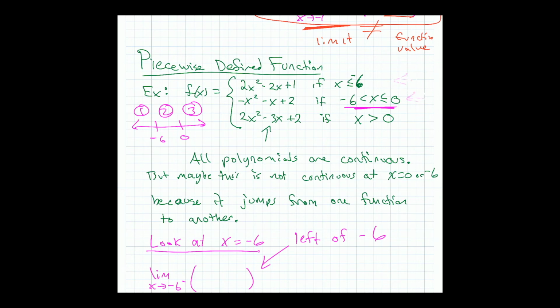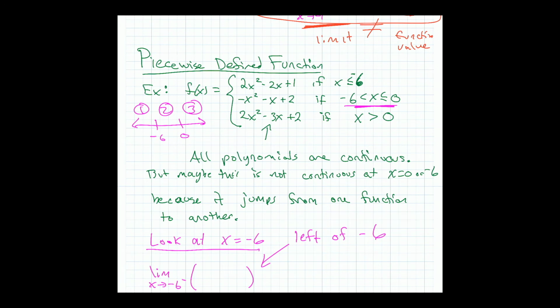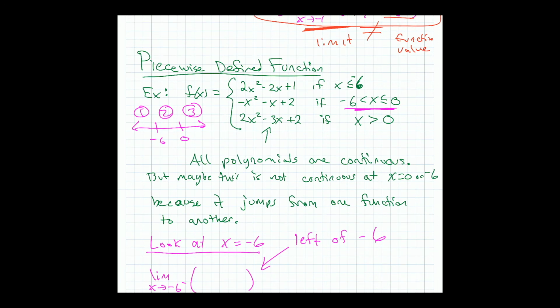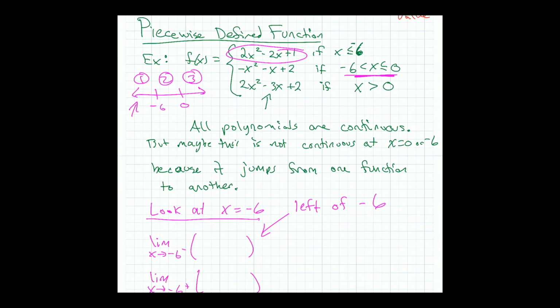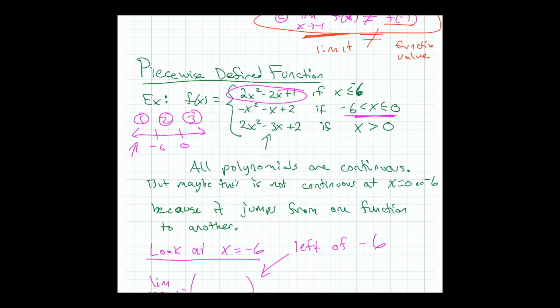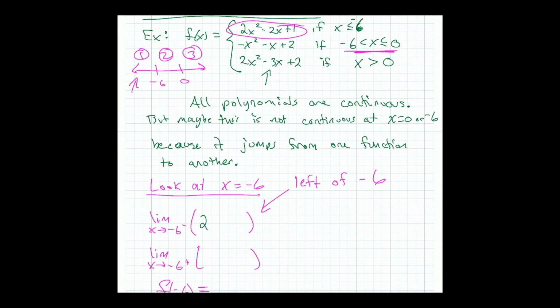So if you're to the left of negative 6, which piece are you in? You're here in piece 1. So you should be using this function. So you put that function in your limit, 2x squared minus 2x plus 1.